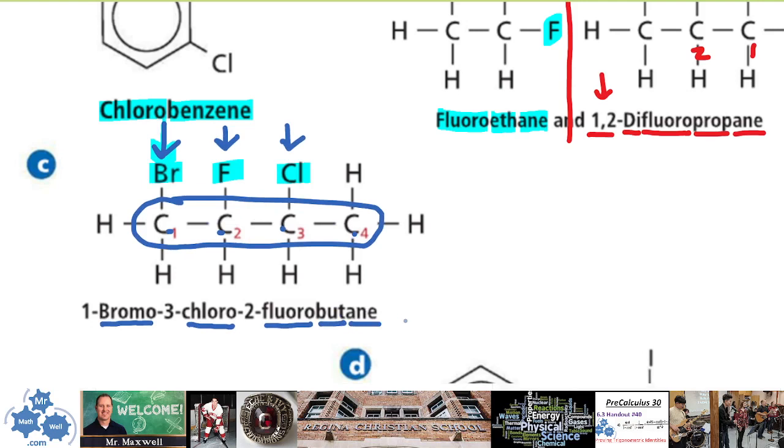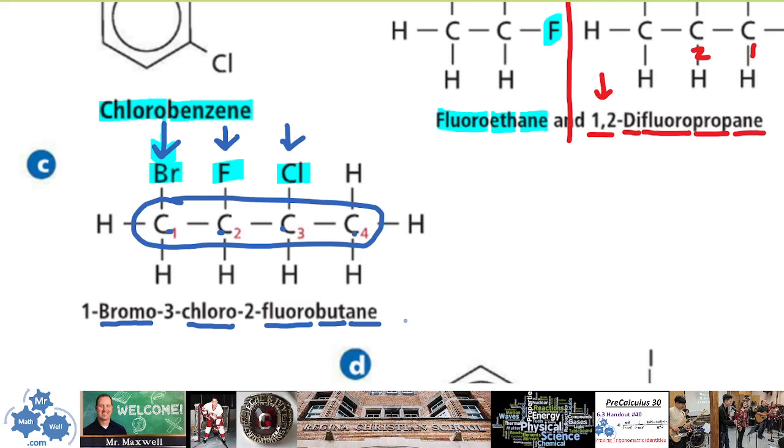Yeah, question? So the question is if bromine was in the middle, how would you name them? Well, because bromine comes first, you would give it the lowest possible number.